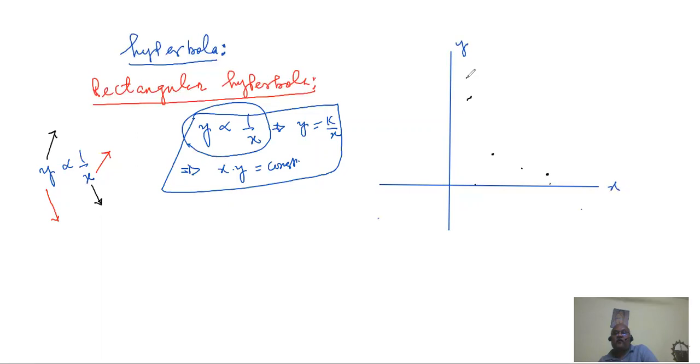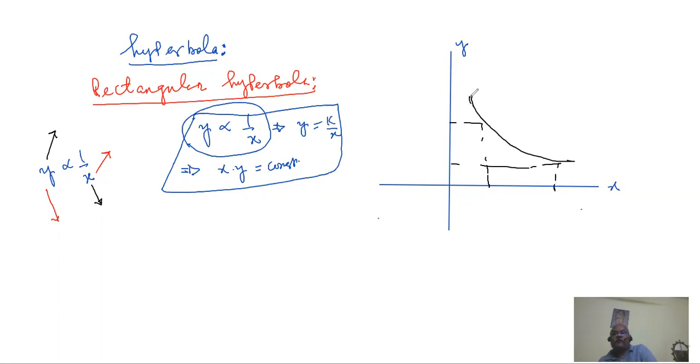The curve will be like this. For small value of x, we'll be having large value of y, and for large value of x, we'll be having small value of y.